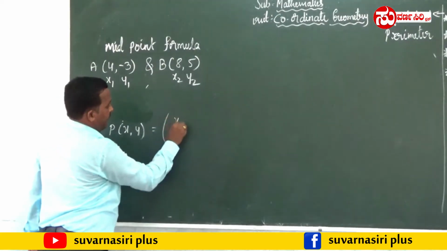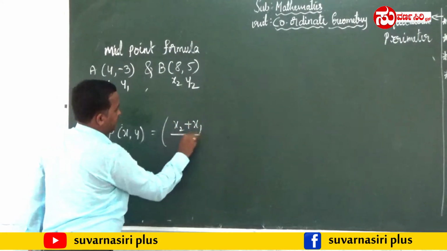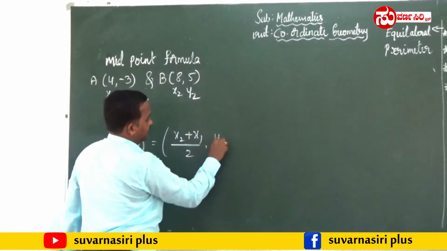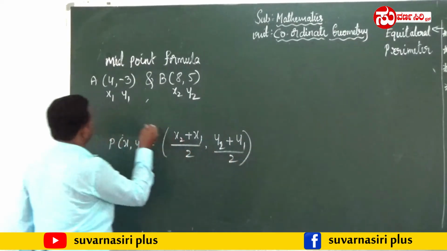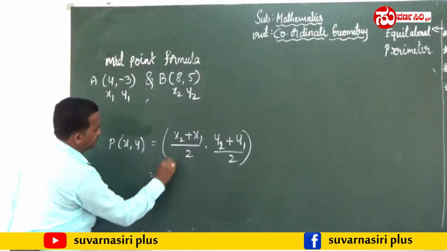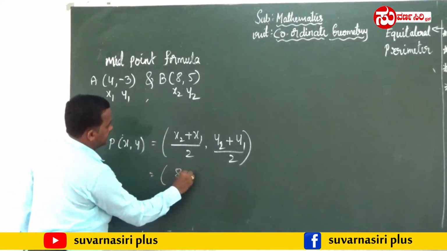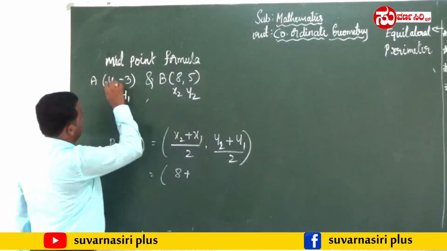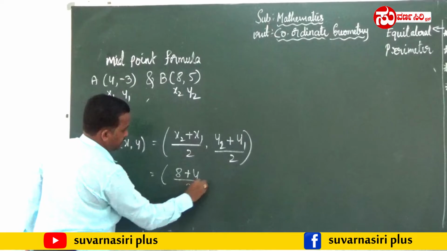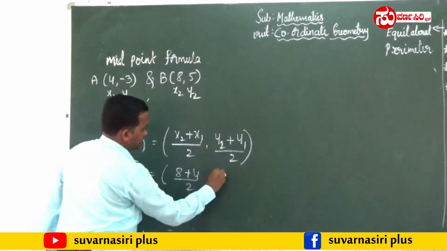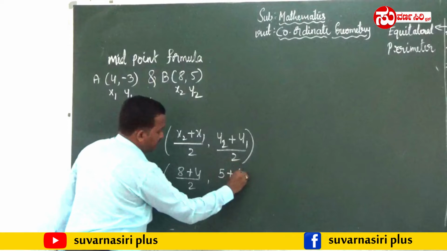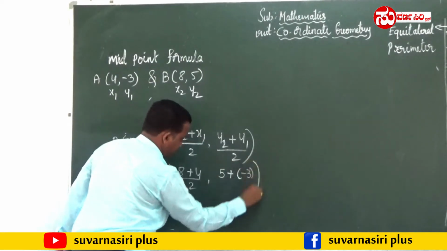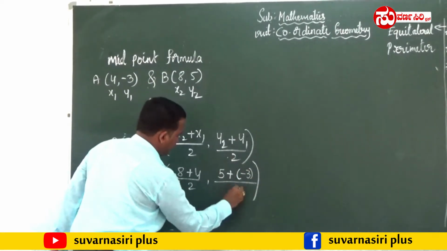The midpoint formula is (x2 plus x1) divided by 2, (y2 plus y1) divided by 2. So take this, substitute the values. x2, that is 8, plus x1, that is 4, by 2. y2, that is 5, plus y1, that is minus 3, keep it in the bracket, all divided by 2.